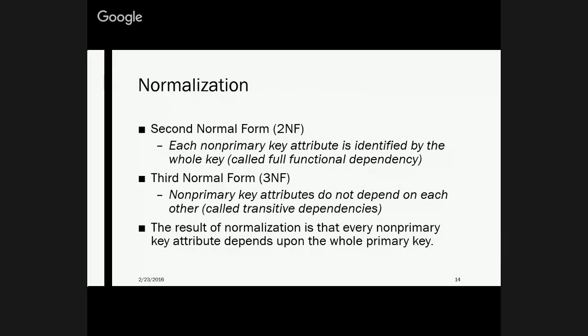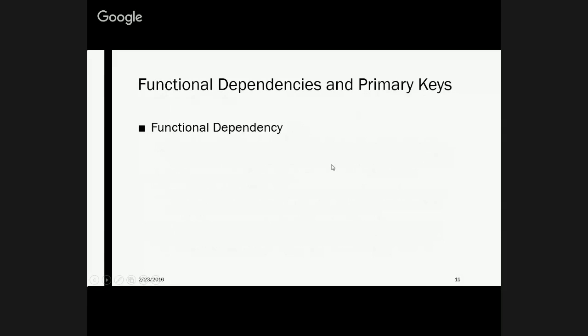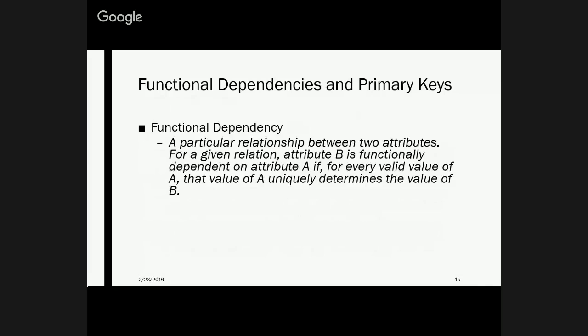So functional dependency, it's always great to use a word here before you define it, but we know what they are. So functional dependencies, this is the idea, it's a relationship between two attributes. B is functionally dependent on A if for every valid value of A, that value of A uniquely determines the value of B. So it's one of these wordy things.